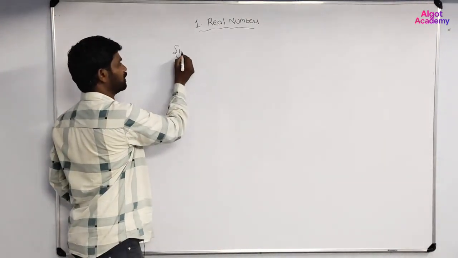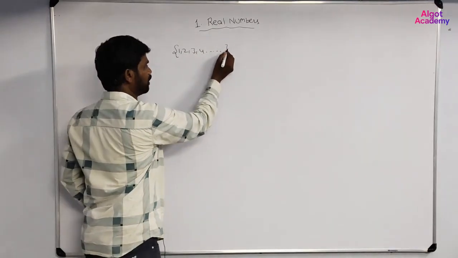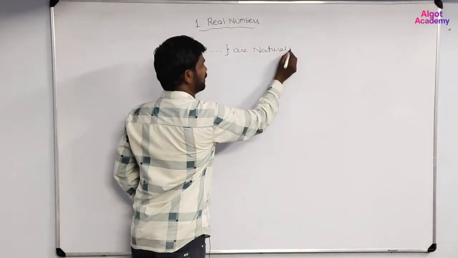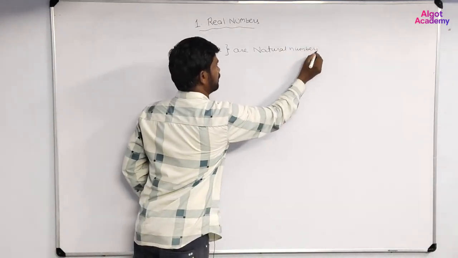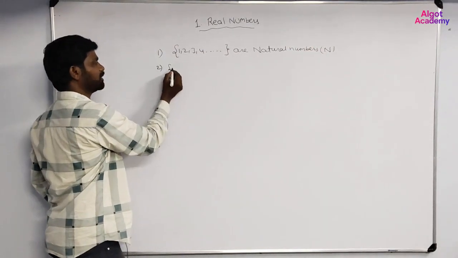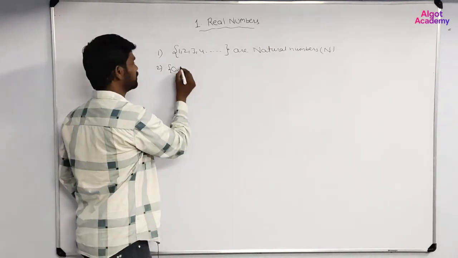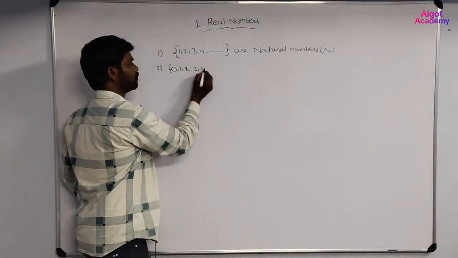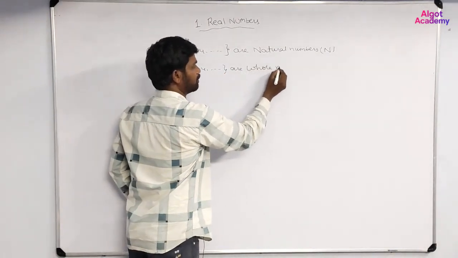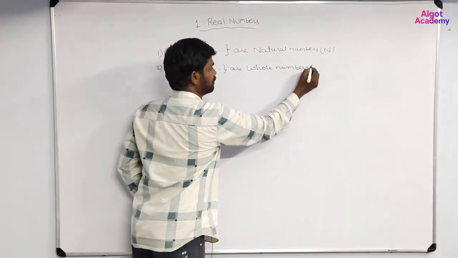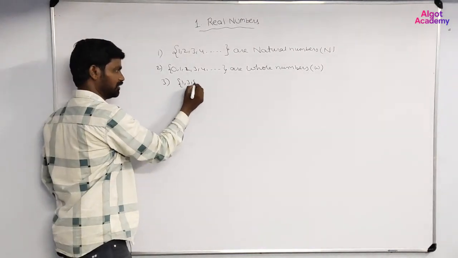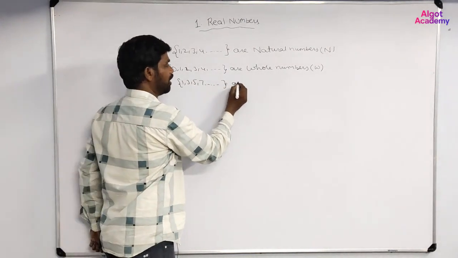The set of numbers 1, 2, 3, 4, 5, and so on are called natural numbers, and it is denoted by capital letter N. The next set of numbers, which start from 0: 0, 1, 2, 3, 4, and so on, are whole numbers, denoted by W. The next set of numbers like 1, 3, 5, 7, and so on are odd numbers.